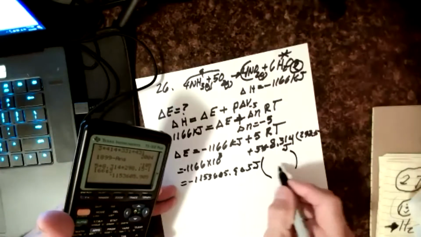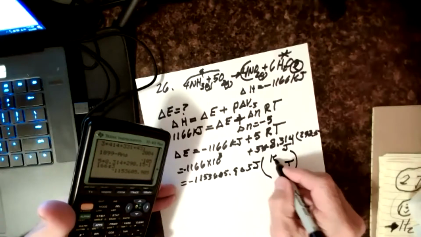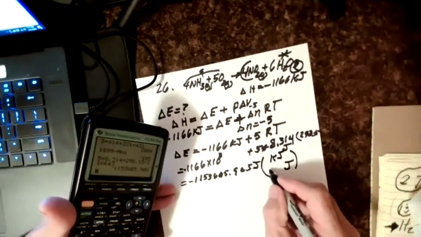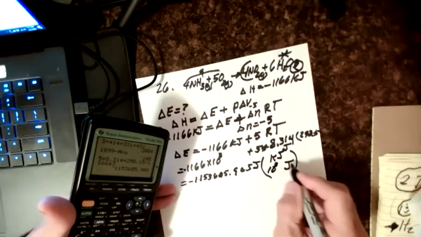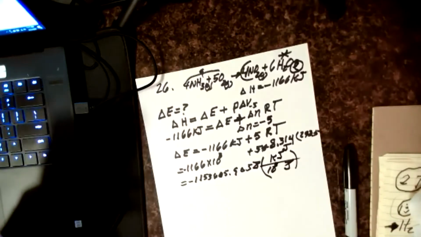Now, I'm looking at the answer, it's in kilojoules. So I want to convert from joules to kilojoules. Kilo is 10 to the third, so I divide that by 1,000.